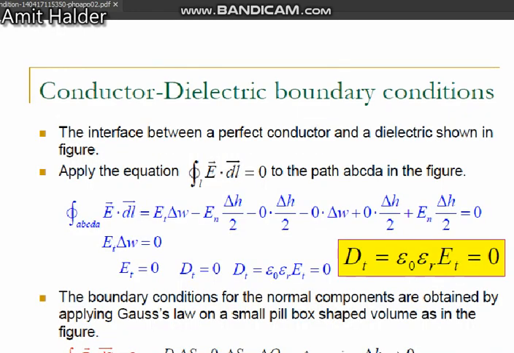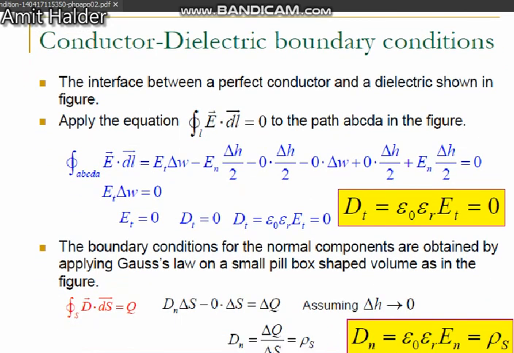Let us start with the conductor dielectric boundary condition, and how we can calculate these two things. First of all, the interface between a perfect conductor and a dielectric is shown in the figure that we have seen in the previous two figures. Apply the closed path equation of E dot dl to the path ABCDA in the figure.